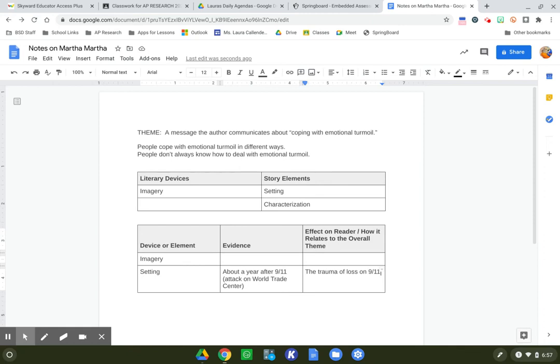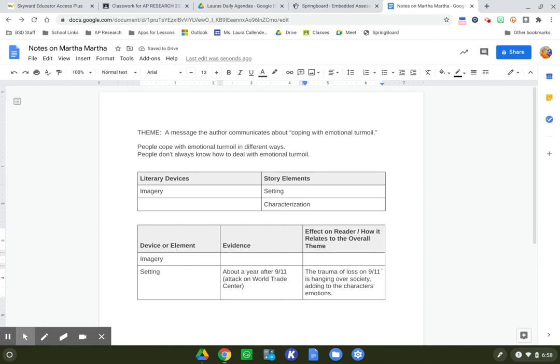So it connects and relates to the theme because the trauma of loss on 9/11 is, I'm going to say, hanging over society. Okay, or I could say adding to the character's emotions.